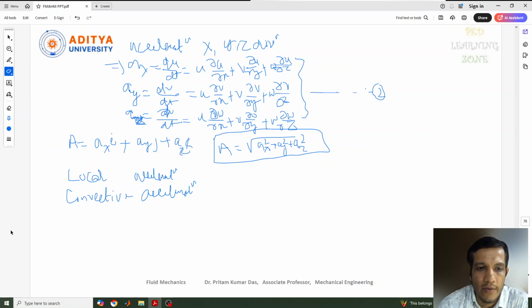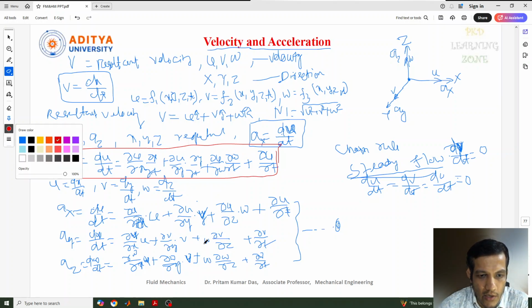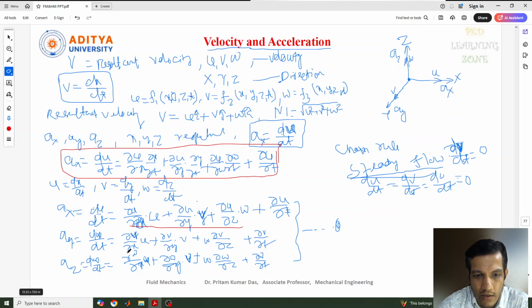This is very simple. Let's go to the first equation, equation 1. In this equation all these terms are the same, given based on their directions, and one term is the velocity with respect to time.